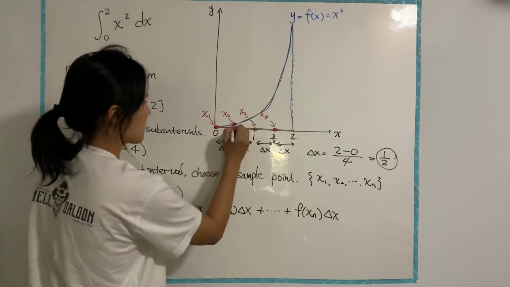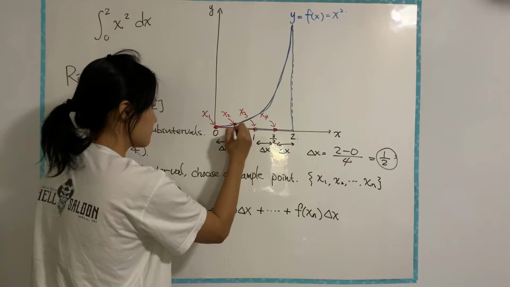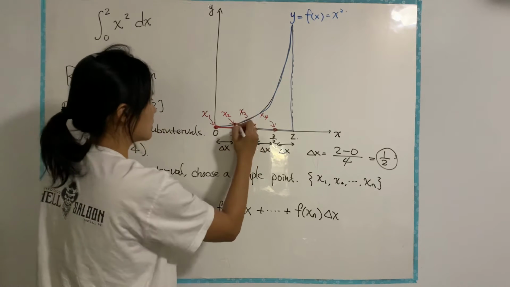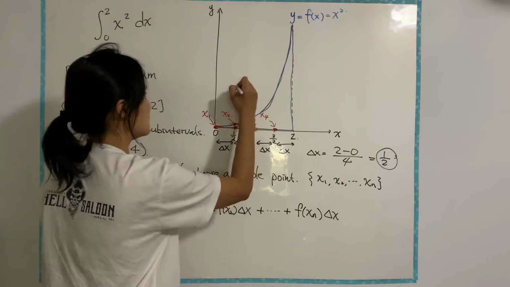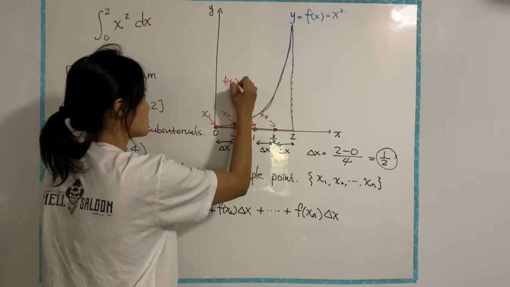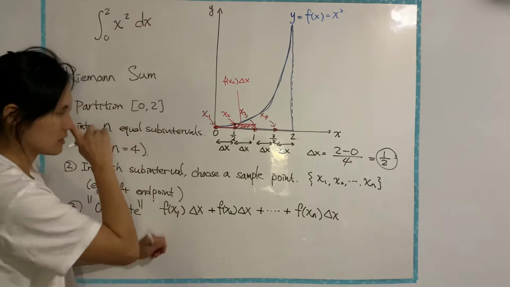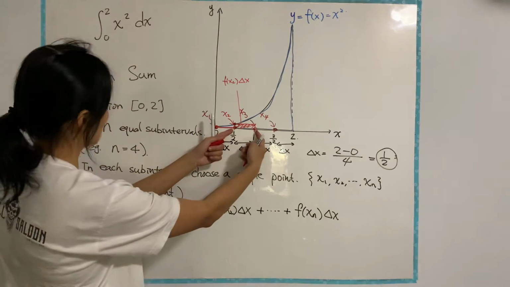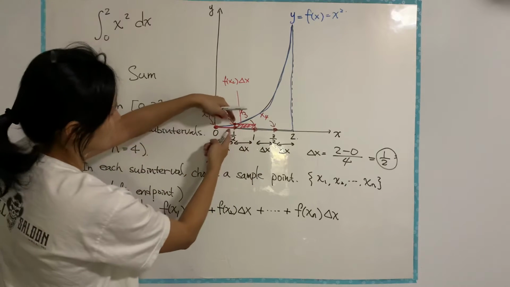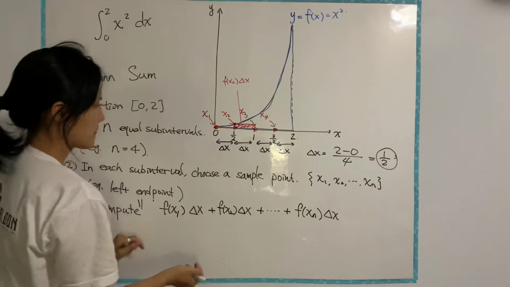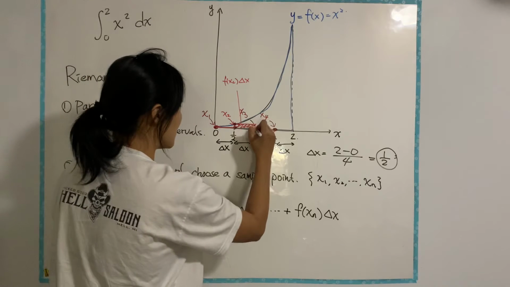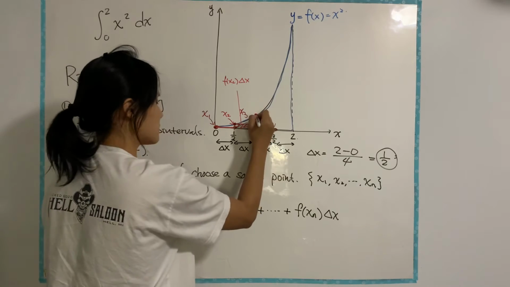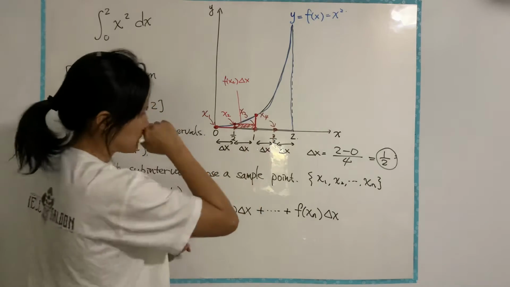Okay, so if I do f of x2 times delta x, what I get is the area of this rectangular region, with the base of the subinterval and the height of f of x2. Okay, and the next one would be f of x3. This is my x3. So f of x3 would be this value, the height of this point.